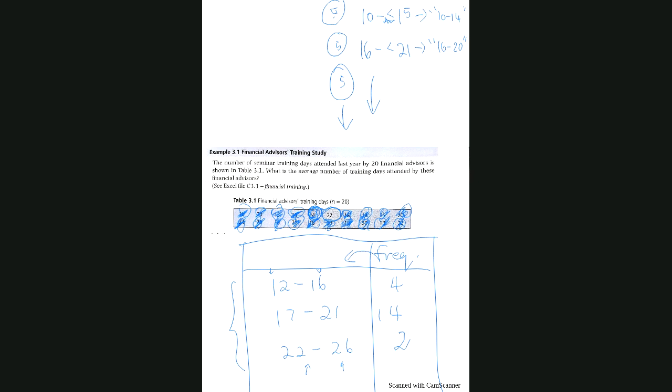So this is your frequency and how you draw up a numeric frequency table when it comes to your grouped data. And just to ensure that your answer is correct, you need to sum up your frequency column. So 14 plus 4 plus 2 gives you a total of 20. When you sum this up, this total must equal the original numbers given to you.